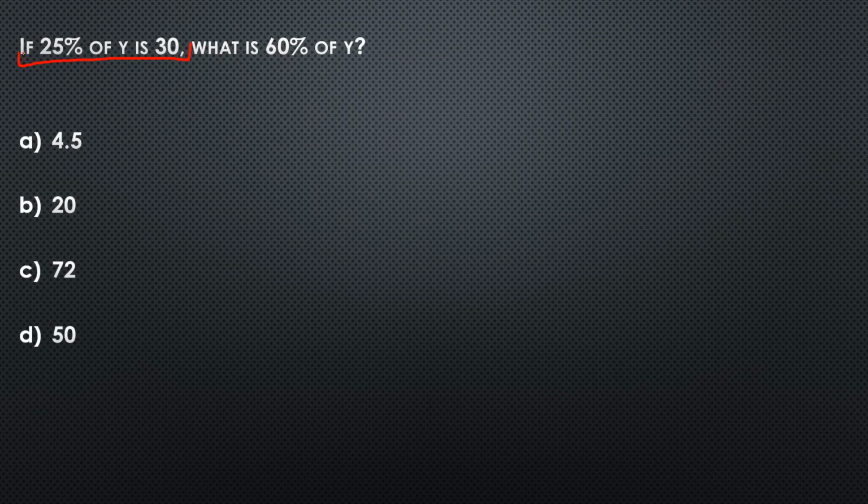Okay, so let's do this first part here. If 25% of y is 30, so I'm taking 25% of this y, so I'm going to multiply it by y. That is going to give me a final answer of 30. So 25% of some number gives me 30.